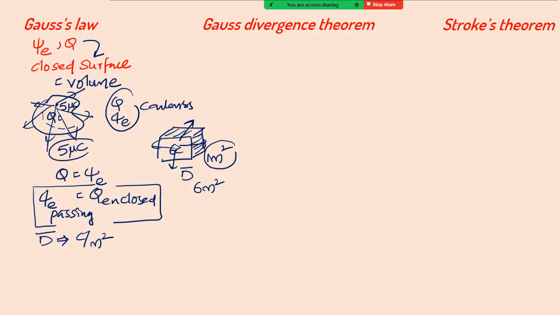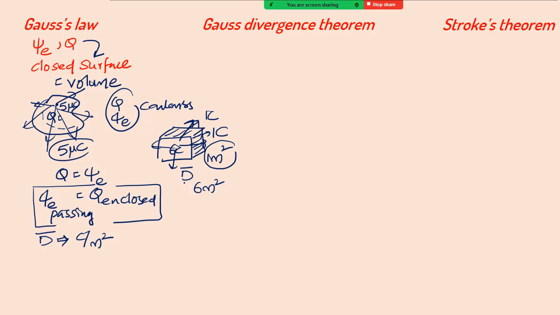Because it is cubical, the total electric flux leaving through all 6 surfaces is 6 coulombs only. That means through each surface, 1 coulomb will be leaving. Through this surface 1 coulomb, through this surface 1 coulomb, like that through the 6 surfaces, 6 coulombs of electric flux will be leaving.